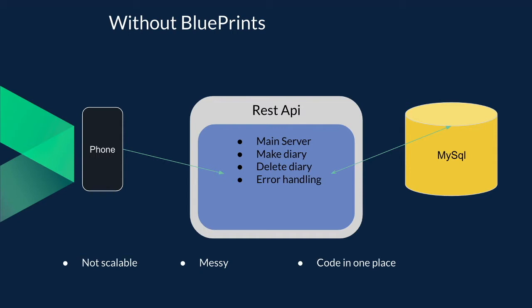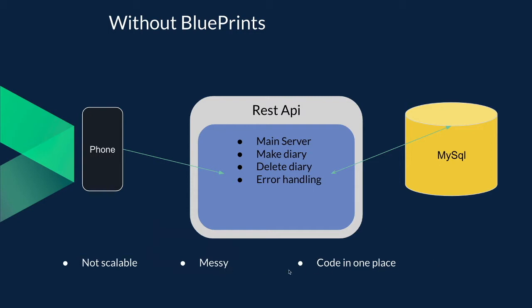It also works with the MySQL database. This code is not very scalable as all the code is mainly in one spot. It's also a lot more messy, therefore prone to errors, and the code is in one place.